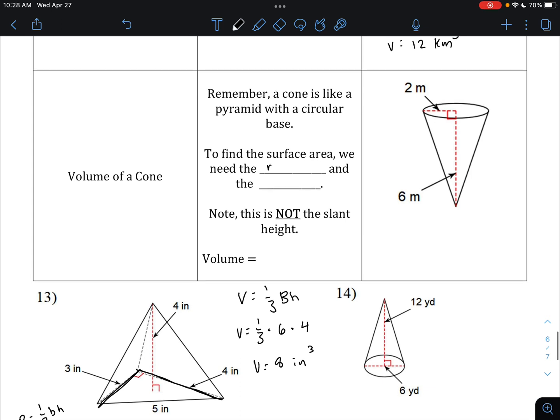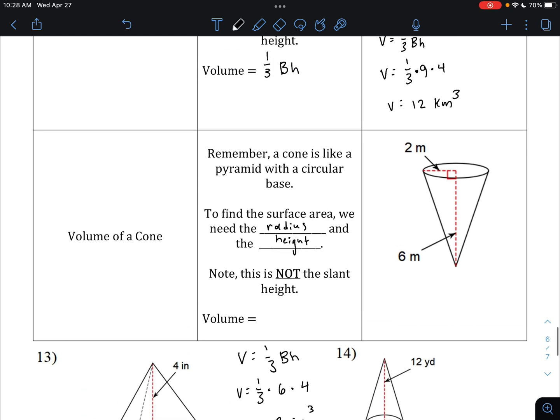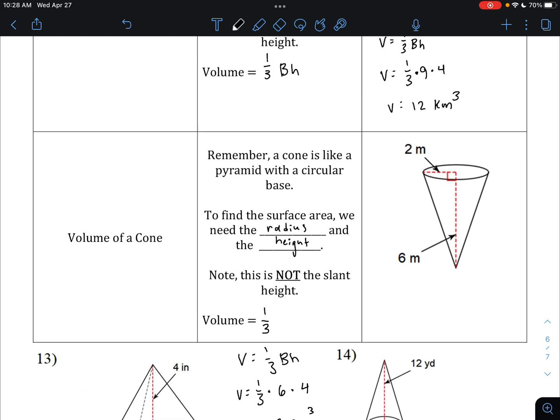We need the radius and the height, just the standard height, not the slant height. And so we take the same formula we were just using, 1/3 area of the base times height. And we know that the base of a cone is a circle. So it's 1/3 pi radius squared times the height.